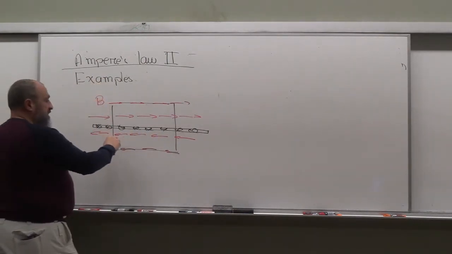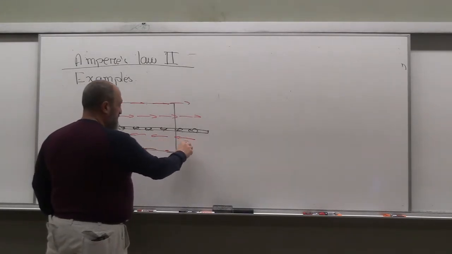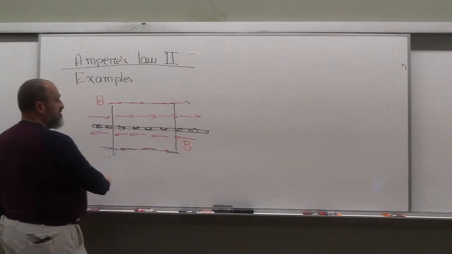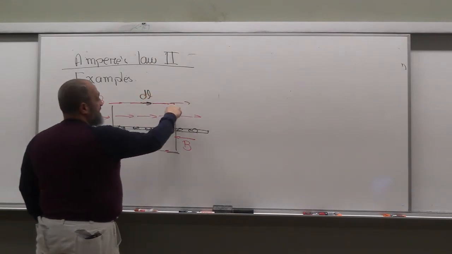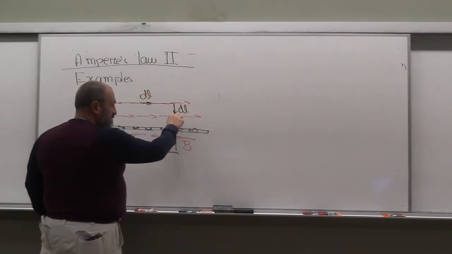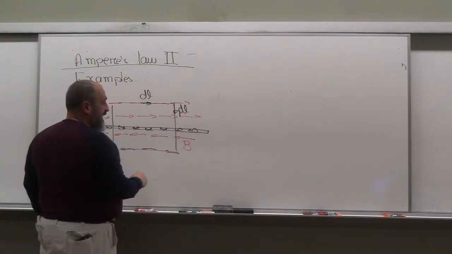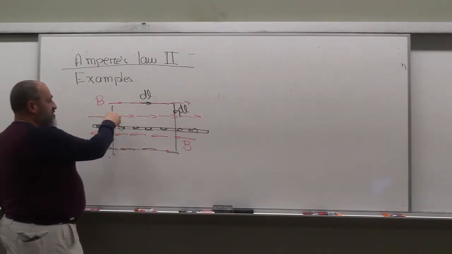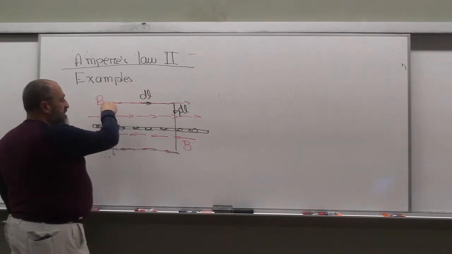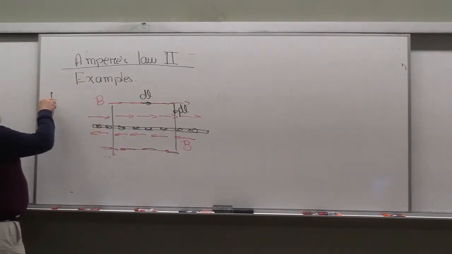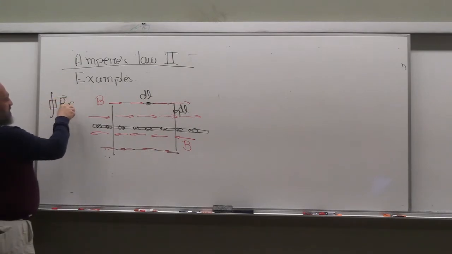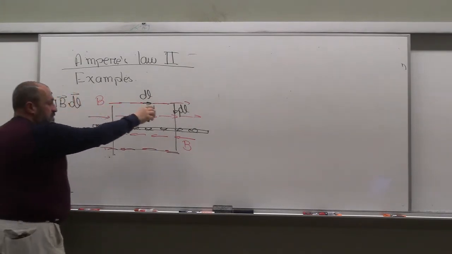This was B, and this is B, and the element of length that we chose had to be along the loop. So dl is this way, dl is this way here. This is why this part did not contribute to the line integral. The line integral here is 0, line integral here is 0, so you're left with B dl up here and B dl up there. So the integral of B dot dl reduced to just the top and the bottom.